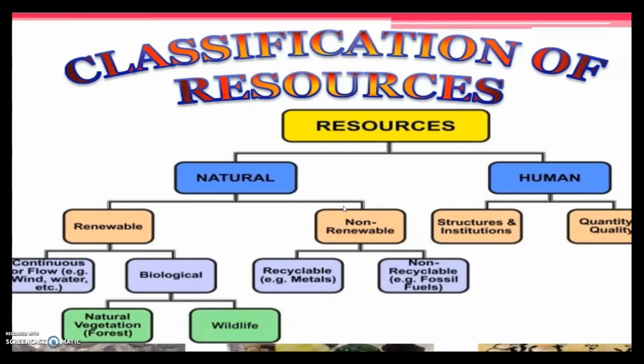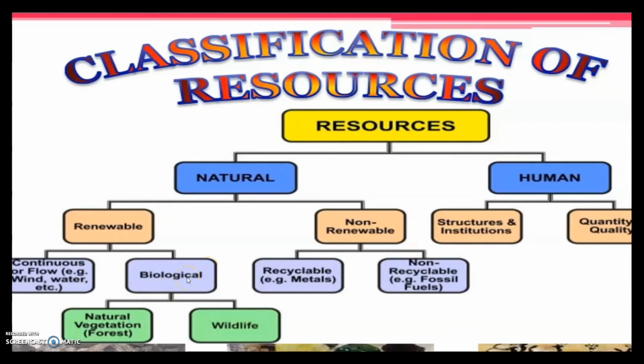Then, classification of resources. Children, our resources can be classified in the following ways: natural and human resources. These natural resources can be further classified into renewable and non-renewable resources. Renewable resources can be classified into continuous or flow, and biological.